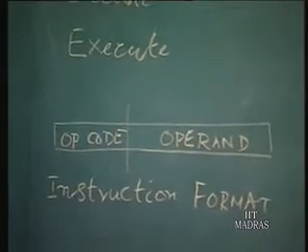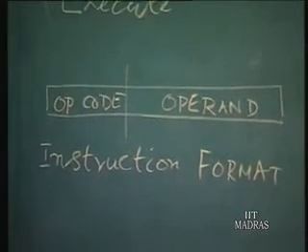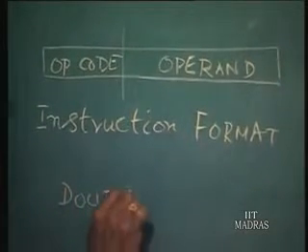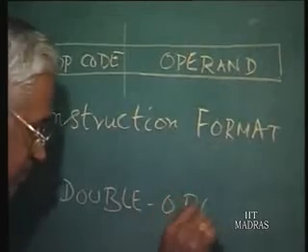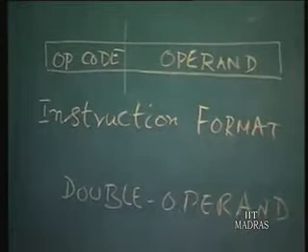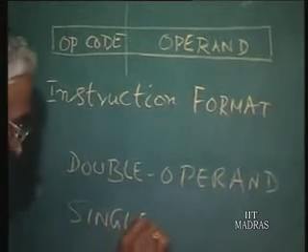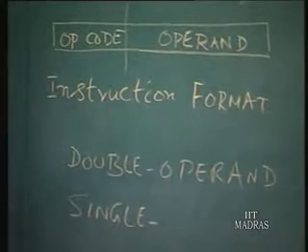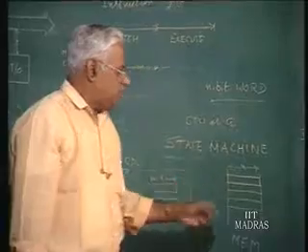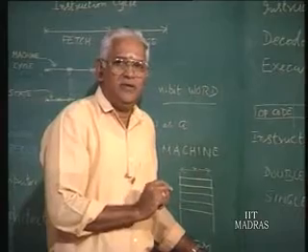We were talking about addition. Addition implies at least two operands. So we talk about a double operand instruction. Addition is one such. Then there may be instructions in which there is only one operand, single operand. For instance, supposing it says just change the sign of the data, right?